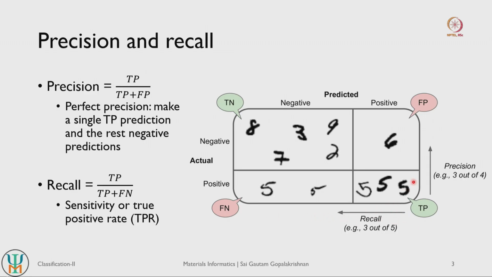It is the total number of true positive predictions divided by the total number of true positives and false negative predictions, that is, how many totally correct predictions you have. Here you have 3 divided by 5, since you have 2 false negatives, so you have a recall of about 60%.